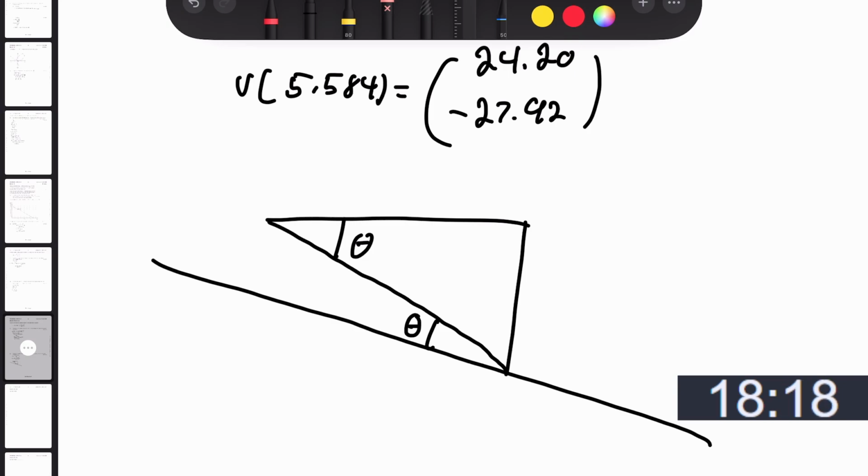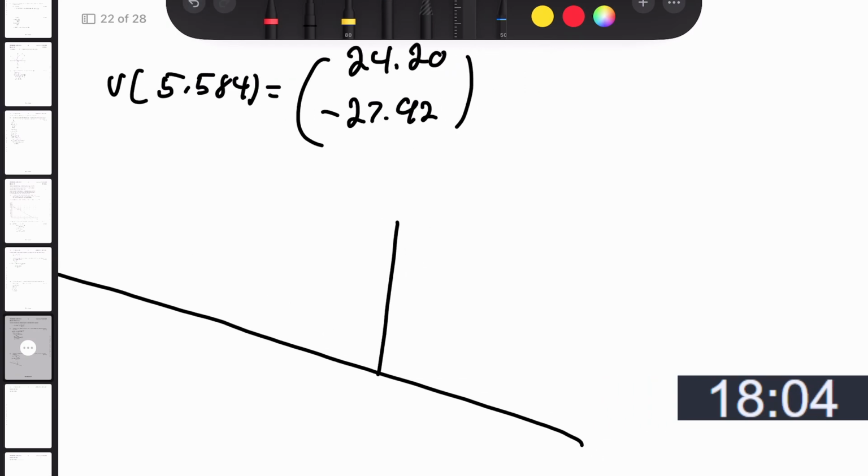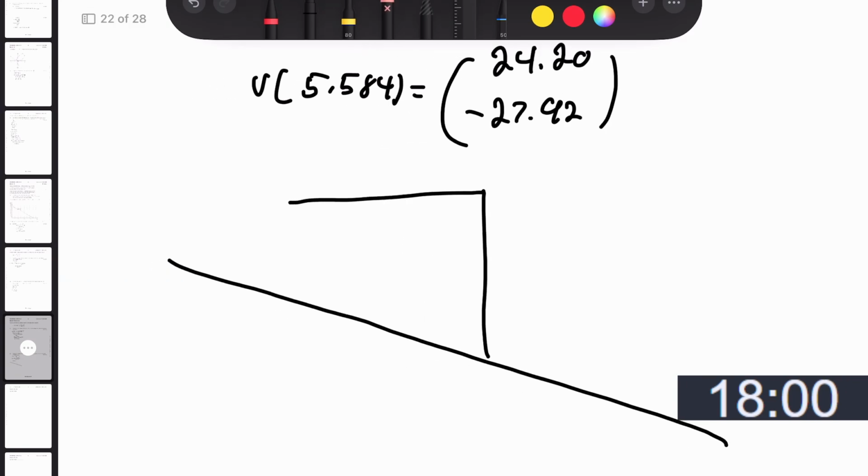Wait, no, it won't. This isn't even vertical, is it? It'll be like that.